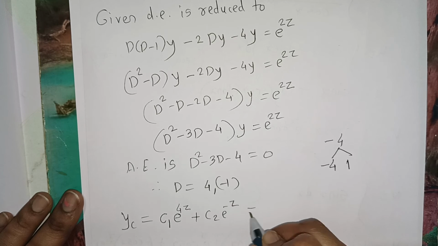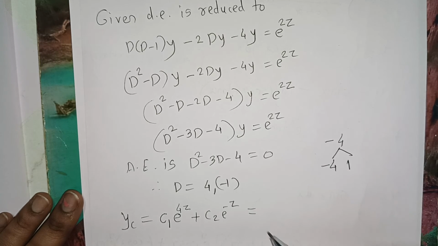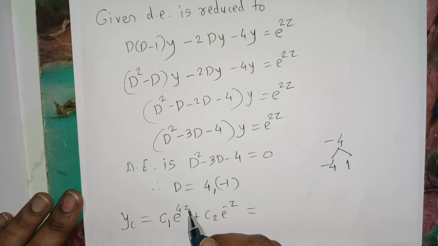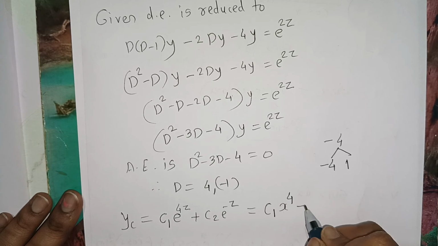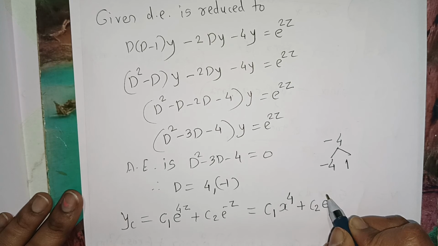But the original differential equation is in x, so you have to rewrite this solution in terms of x. e raised to z is x only, so e raised to 4z is x raised to 4, plus c2 x raised to minus 1.